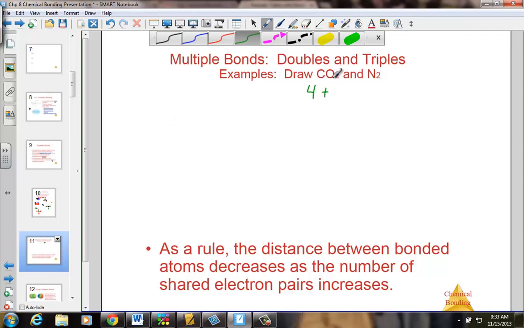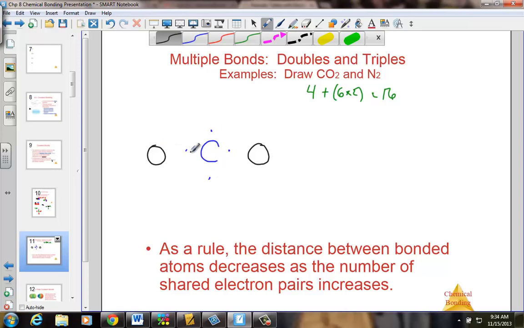Oxygen, who lives in group 6A, has 6 valence electrons, which will give us a total of 12. 12 plus 4, we get 16 dots by the time we're done. Alrighty. So considering carbon is the central atom, the atom I have just one of, and think symmetry. I don't want to crowd the molecule, so I can either do top, bottom, or left and right. I'll go ahead and place an oxygen on either side.